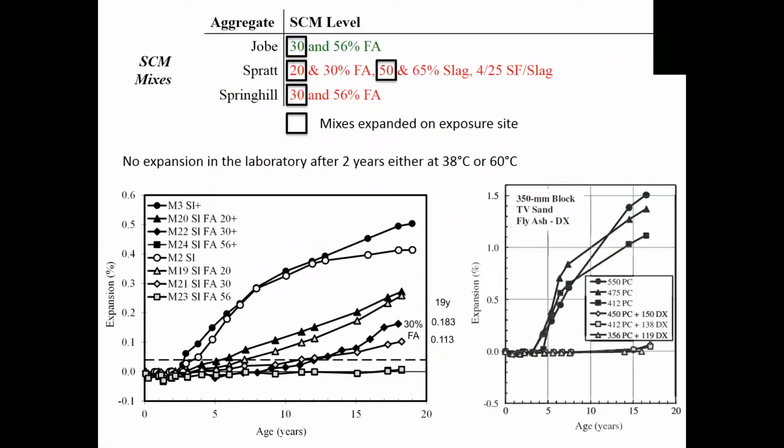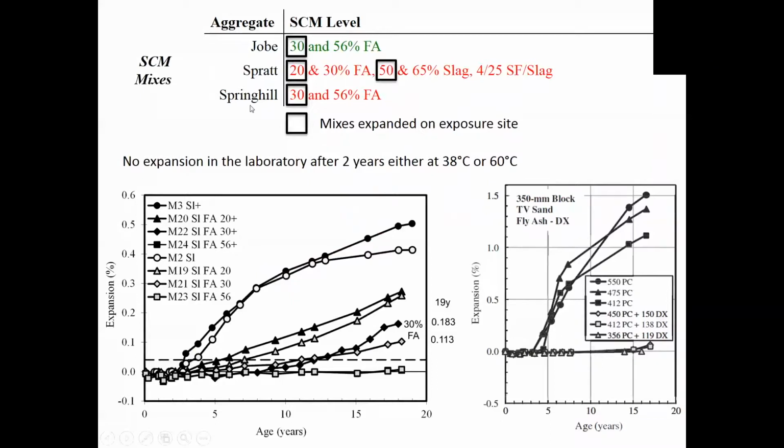So just to mention what we've been doing with the SCMs. In all cases here, the mixes we're testing in the lab are mixes for which we have long-term performance data. That's true of the Portland cement only mixes, but also it's true of the SCM mixes.